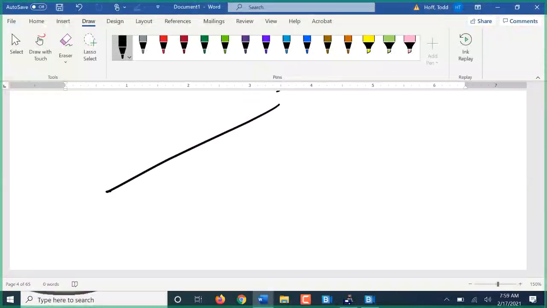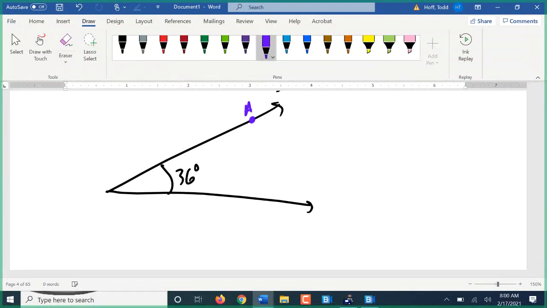Similar idea. Say this angle here is 36 degrees. And once again, I'll label it angle ABC. This time I'm going to construct sides perpendicular to the original sides.